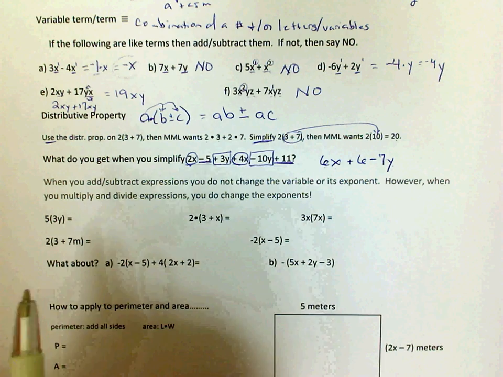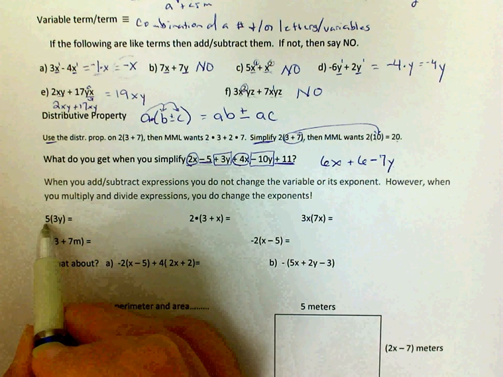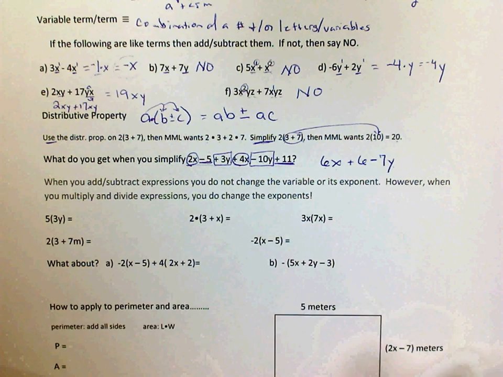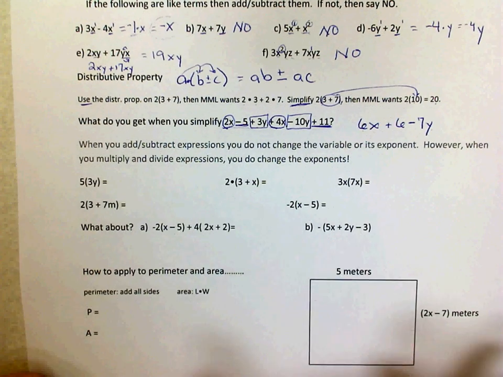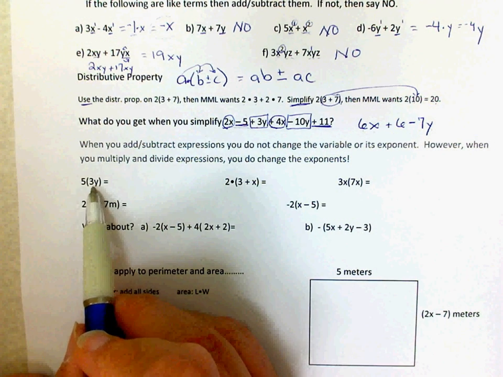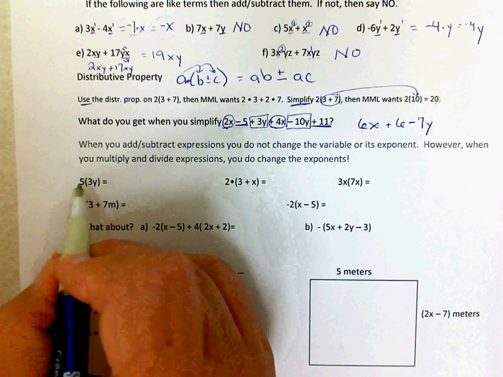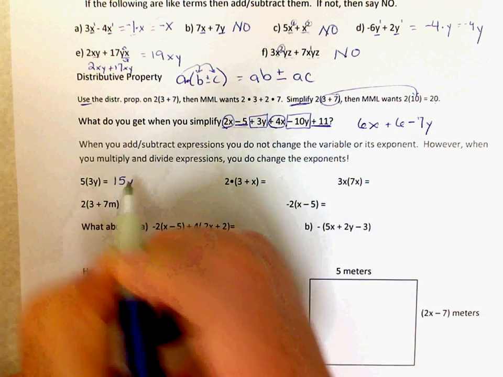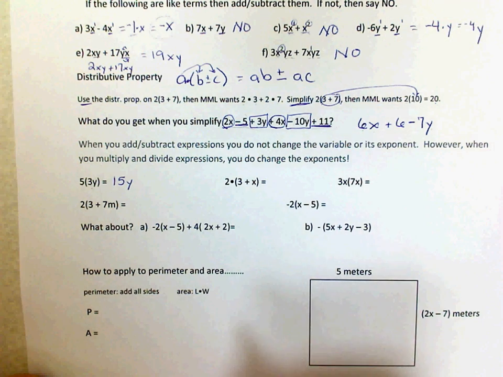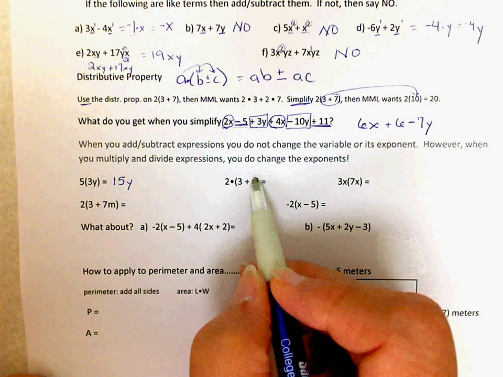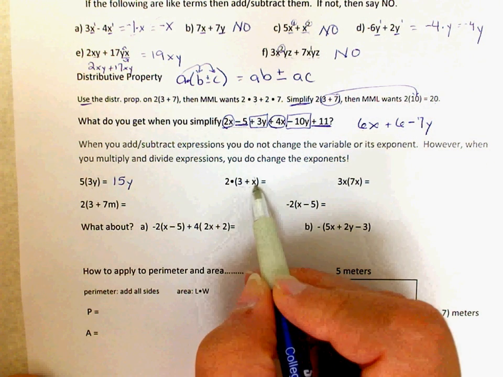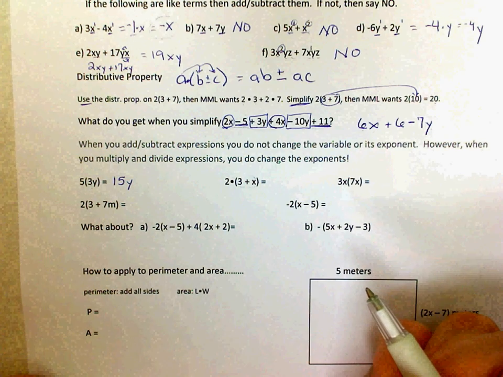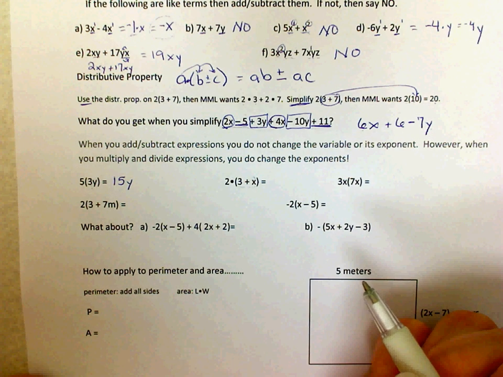Now, we're gonna simplify some of these problems. 5 times 3y. What I do is I take 5 times 3, which is 15, and I tack along my y. Now, can I simplify what's inside of here? No, because one's a number and one's a variable. These are not like terms.